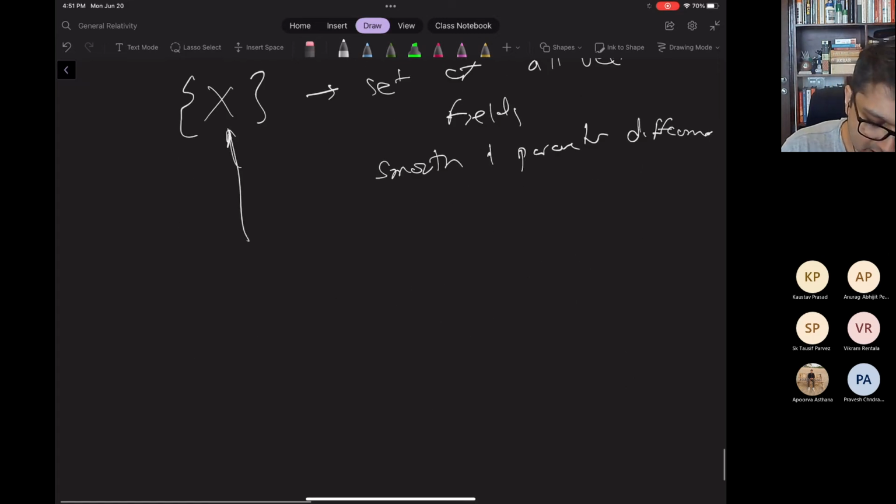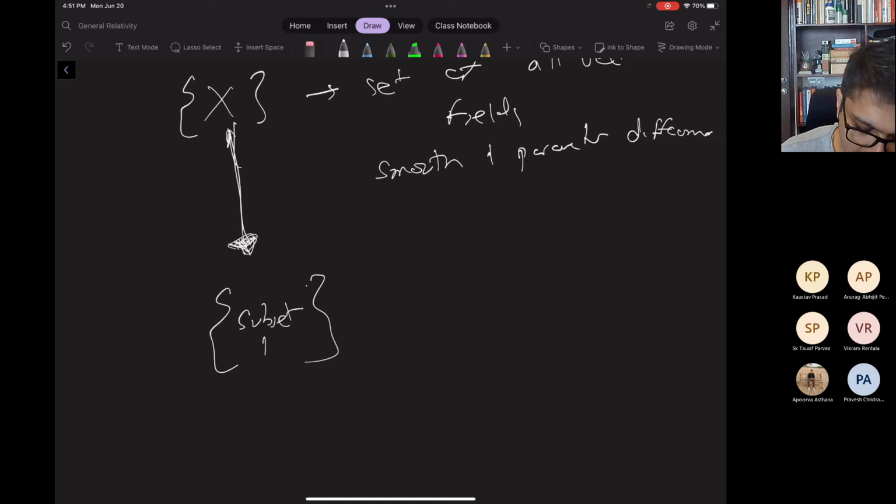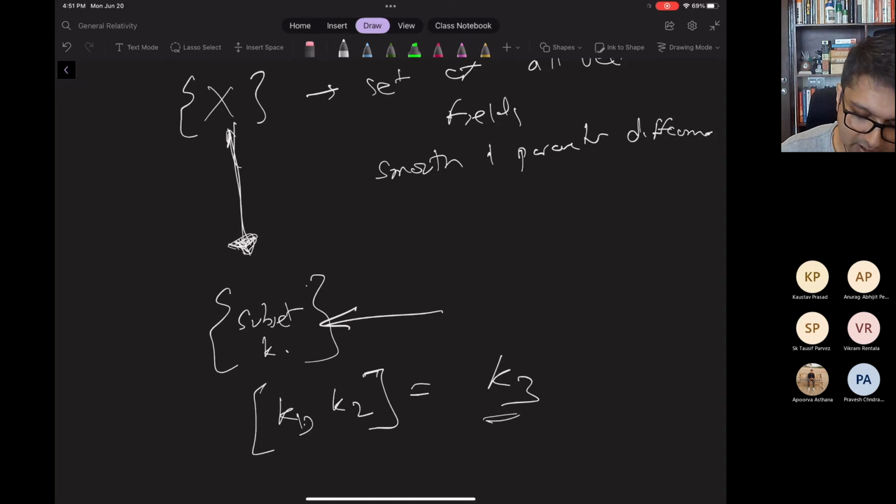Now among these, we can pick out a subset K, such that the commutator of any two of these within the subset, so the Lie bracket of any two within the subset, gives me a third element of this subset.